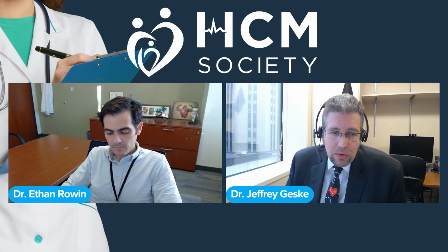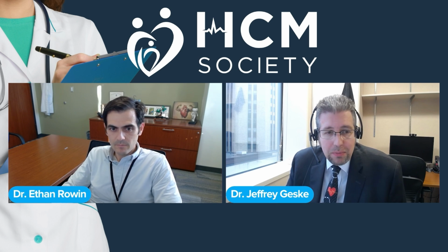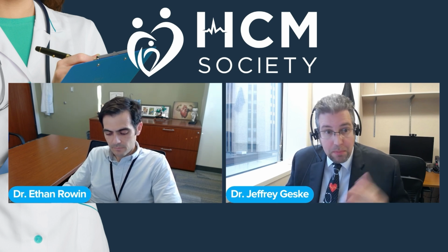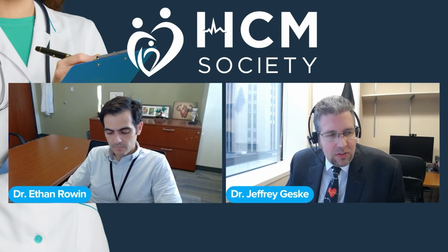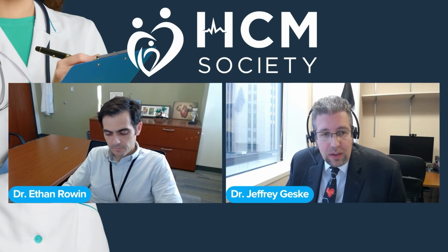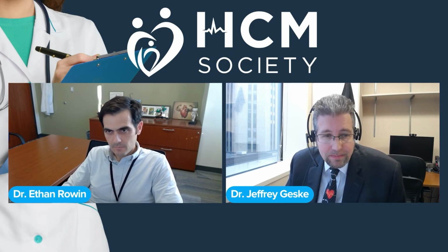So I'm with you. To me, I think it's actually a strength of the ACC algorithm and something that when I'm looking at both approaches, which I certainly use while counseling patients, I think it's actually one of those things that makes me really value the 2020 and the 2024 ACC AHA algorithm.